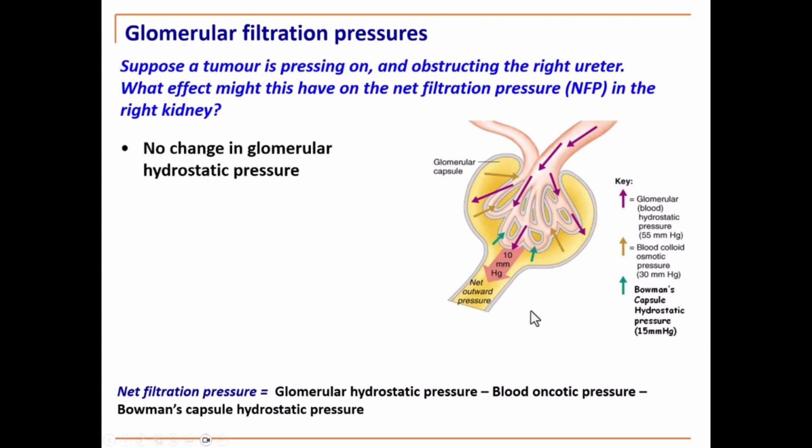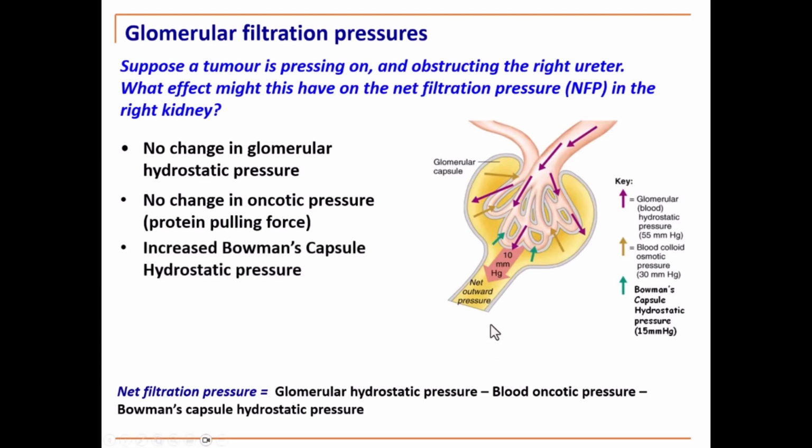That will lead to no change in the glomerular hydrostatic pressure. We're not altering vasodilation or vasoconstriction of the afferent and efferent arterioles. We're not altering the amount of protein in our blood. So there's no change in our oncotic pressure, the protein pulling force.